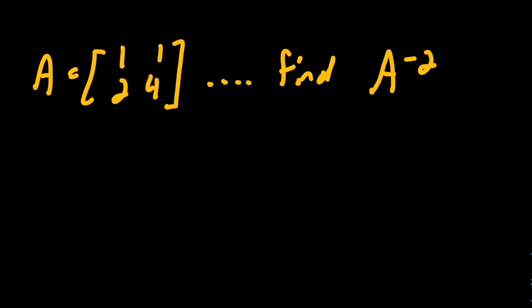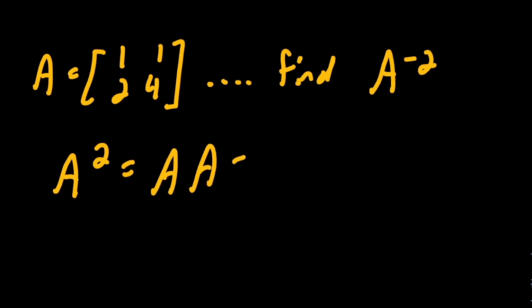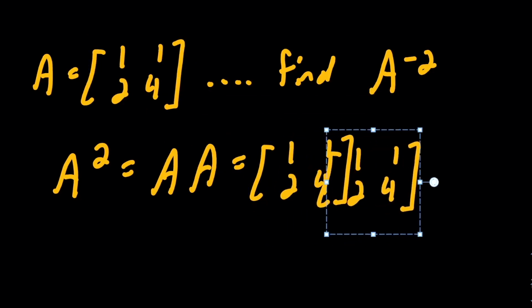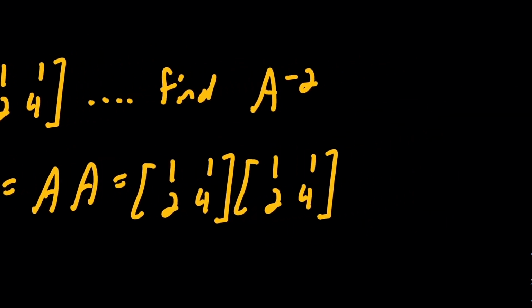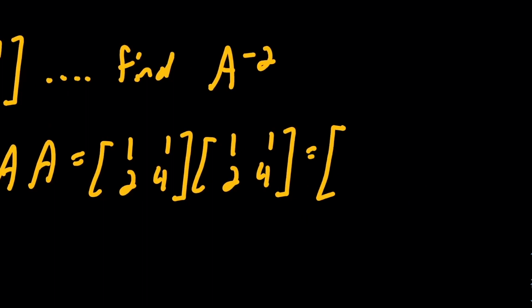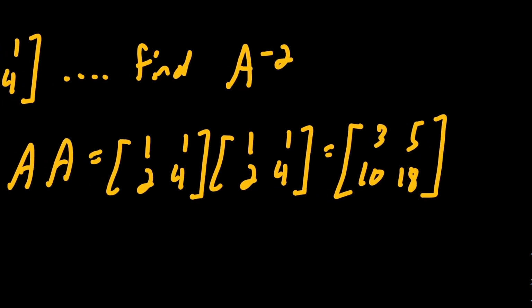So the first way is we're going to square the matrix A. And that is simply just the matrix times itself, which is just this matrix times this matrix. We can then apply basic matrix multiplication, and we get 3, 10 in the first column and 5, 18 in the second column. We will then be able to determine whether or not this matrix even has an inverse.